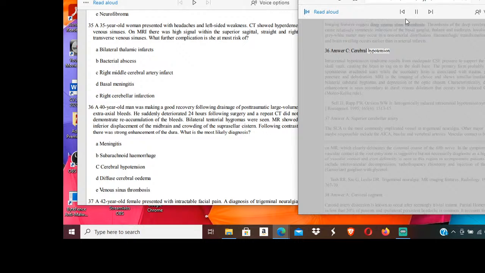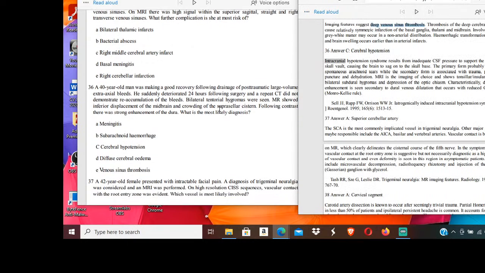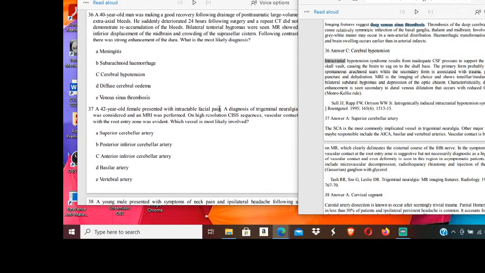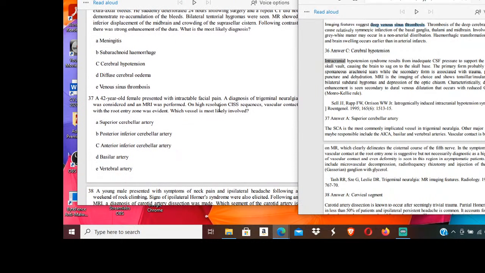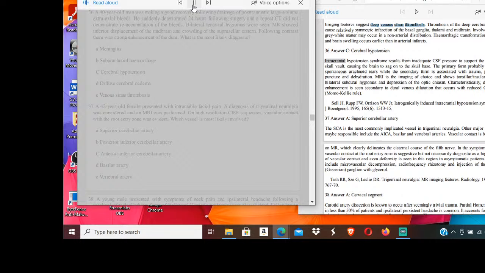Cerebral hypertension. Intracranial. 36. A 40-year-old man was making a good recovery following drainage of post-traumatic large-volume extraaxial bleeds.